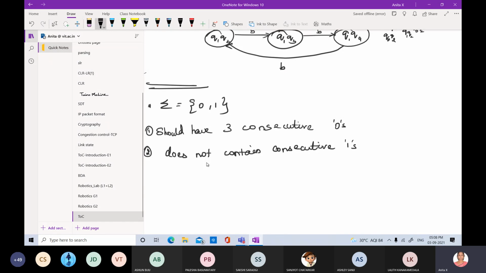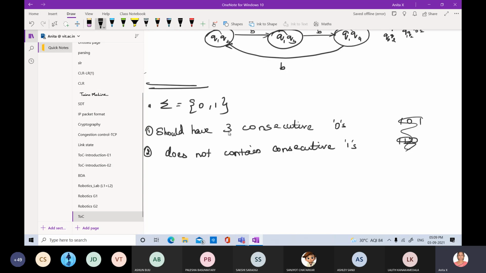The second question is the finite automata should accept only if the string does not contain consecutive ones. Okay, I can have 101. 110 is not possible. I can have any number of ones and any number of zeros. The only thing is that consecutive ones should not be there. So the number of ones we are not restricting, consecutive ones we are restricting.